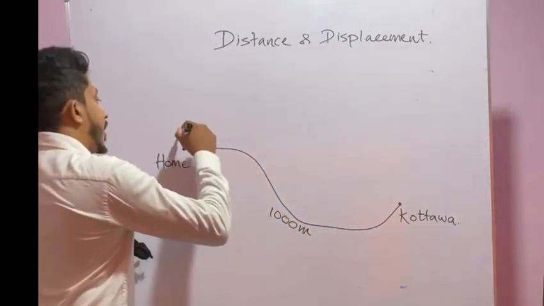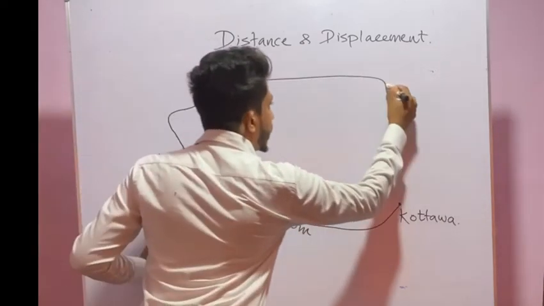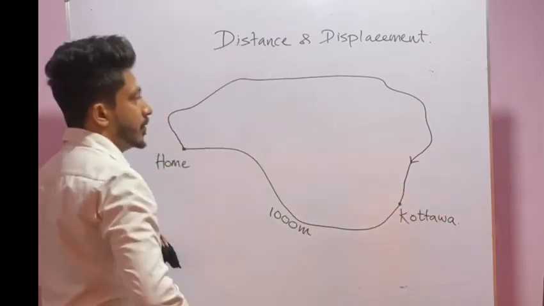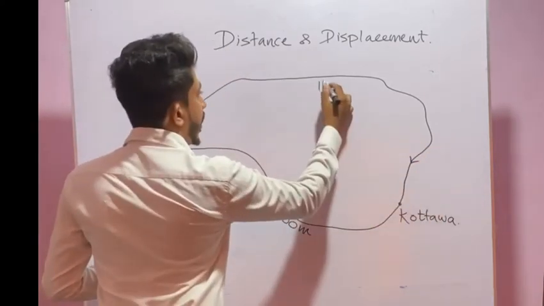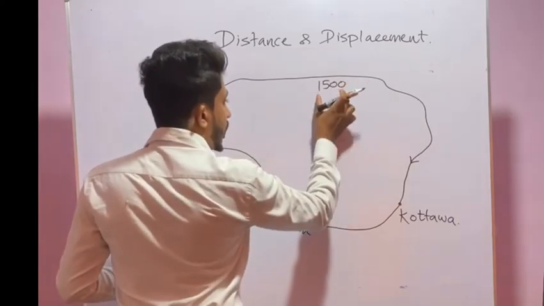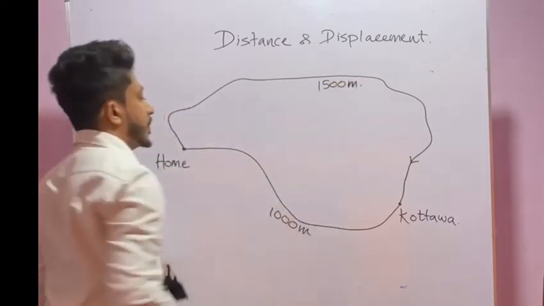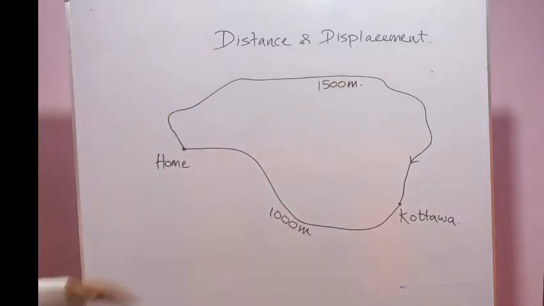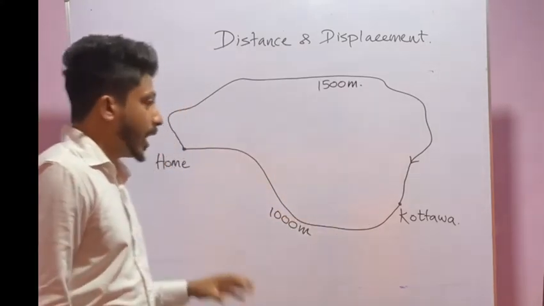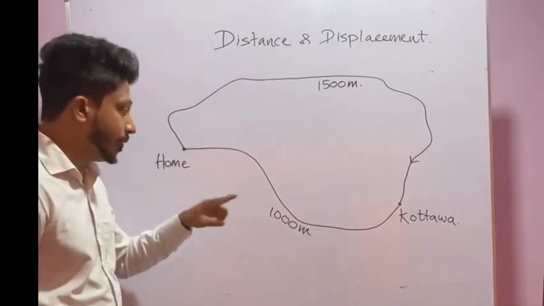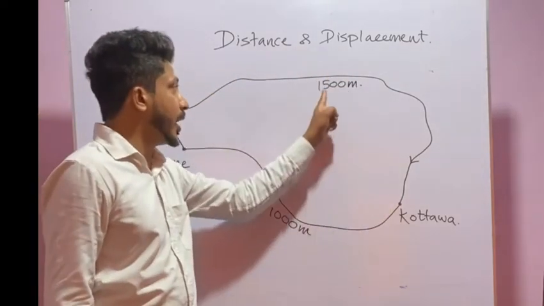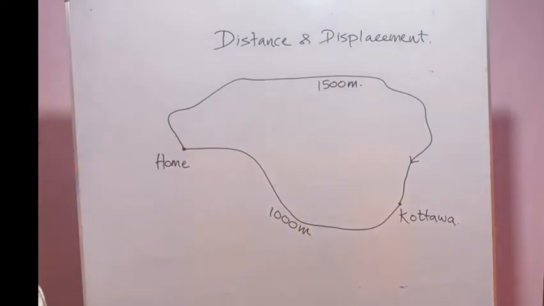I have another path like this, but it takes 1500 meters. If I go through this path, I have to travel 1000 meters. If I go through this path, I have to travel 1500 meters.